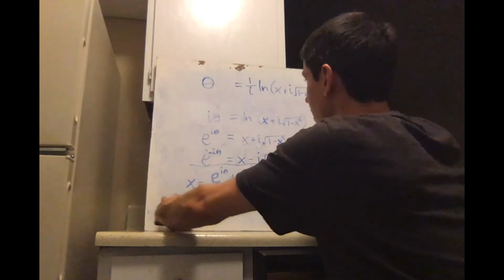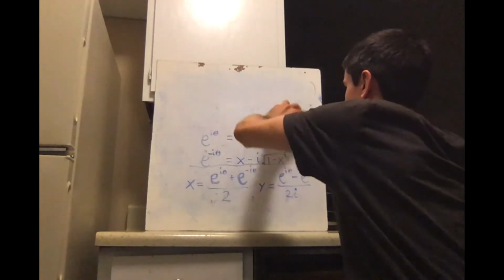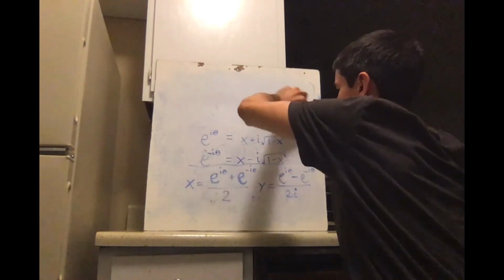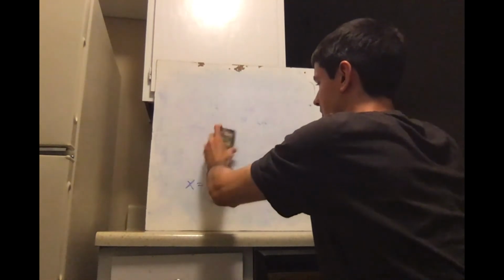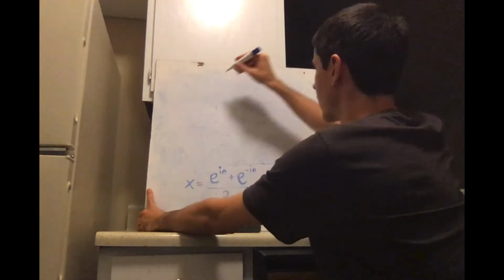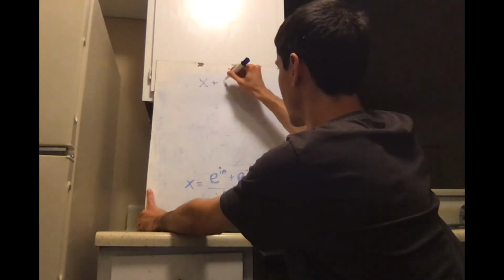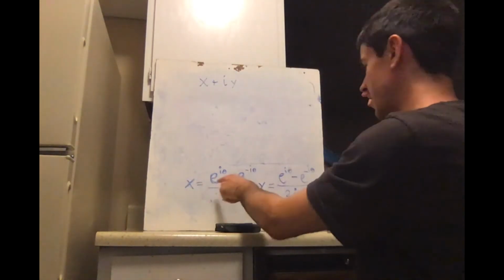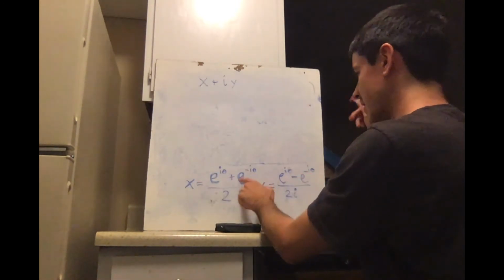Oh, actually, I'll write it up here. We get x plus i times y from these expressions, so the i comes out of the denominator. These two things cancel.